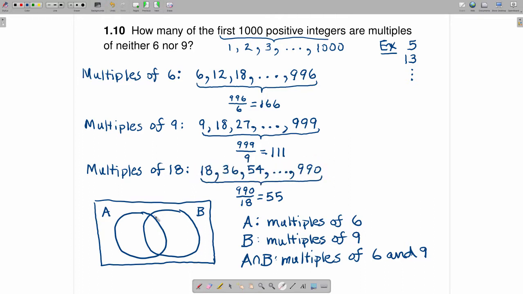So all of these numbers wind up in the middle section. Notice that there are 55 numbers in that list, so I'm going to go ahead and label that as 55.